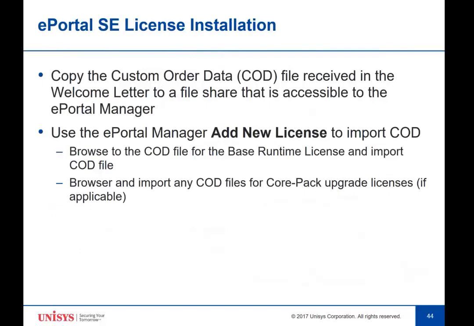Now, once you've installed it, you need to license it. So that custom data order file that you received in your welcome letter, we have a new capability in ePortal Manager to add that. You just browse to that file and import it, and you can do any core pack upgrade licenses also if you have those available. It's likely an initial purchase you wouldn't have those.